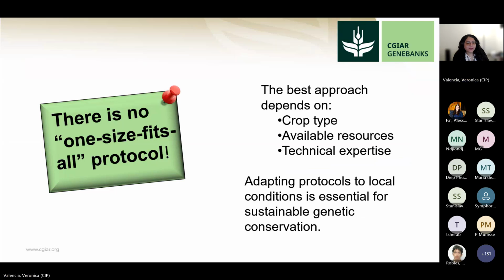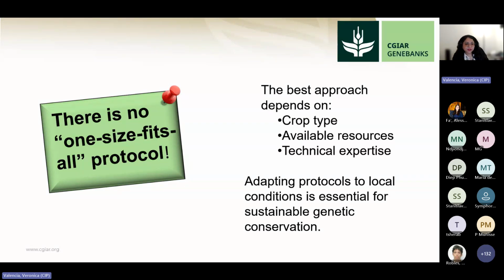Okay, so to keep going, you have to keep in mind that for CTAB, there is no one size fits all protocol. There is no protocol that works in everything, in every species, in every type of plant or tissue.